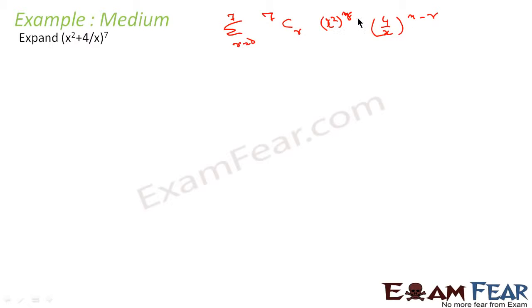We can also write (x squared) to the power n minus r into (4/x) to the power r, but let's take this version. The sum of r and n minus r is equal to n. This is the expansion of this.